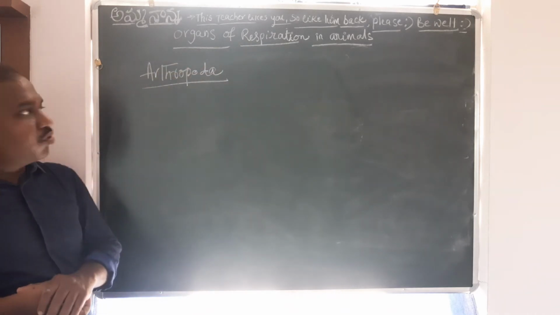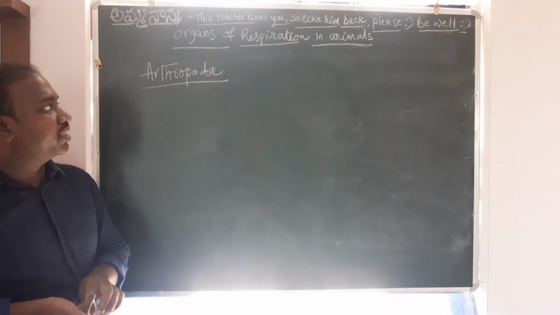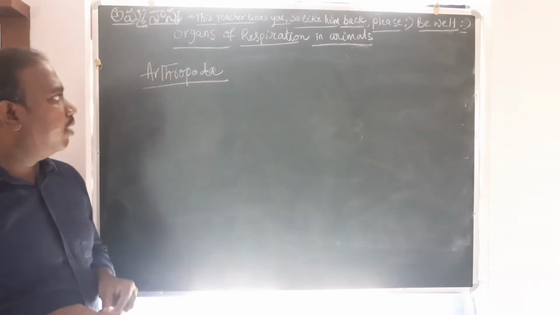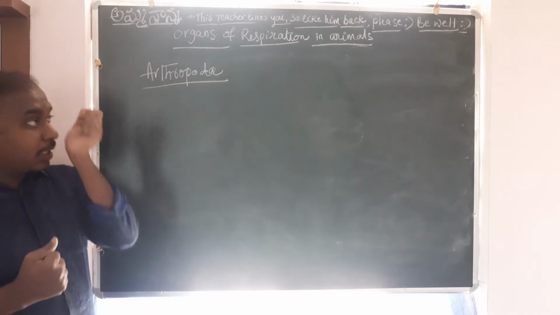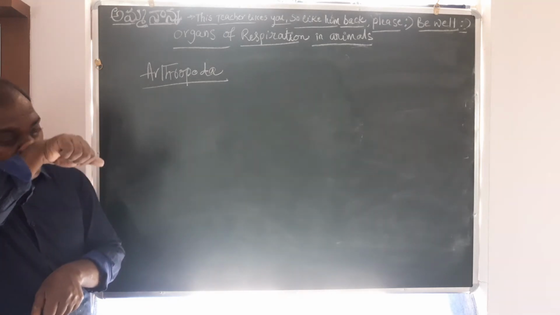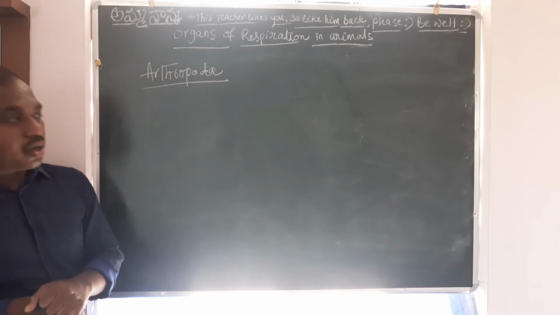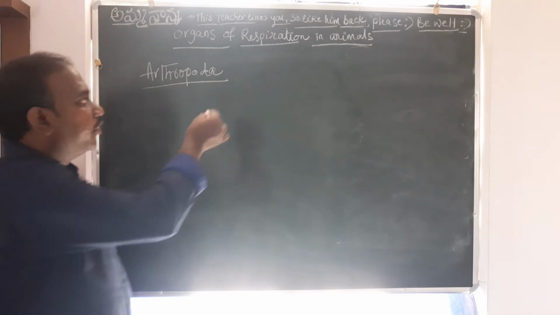This is the most successful and most diverse group in the animal world, the arthropoda. So that is why the organs that have developed here are also very diverse. What are these organs?